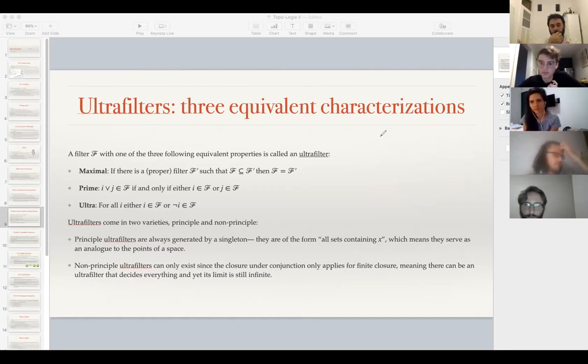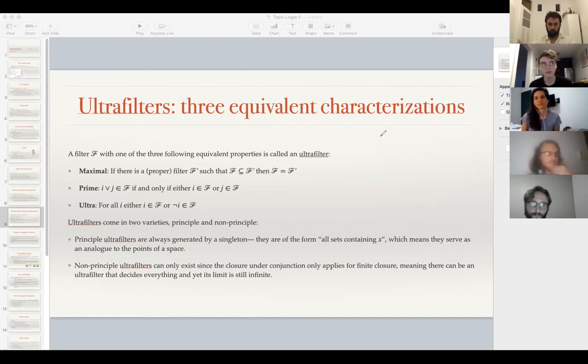Well, you can, but you don't have to. So the existence of non-principal ultrafilters is a deep and interesting question, and ultimately crazy. In certain contexts, they do always exist, and we'll see why and how.